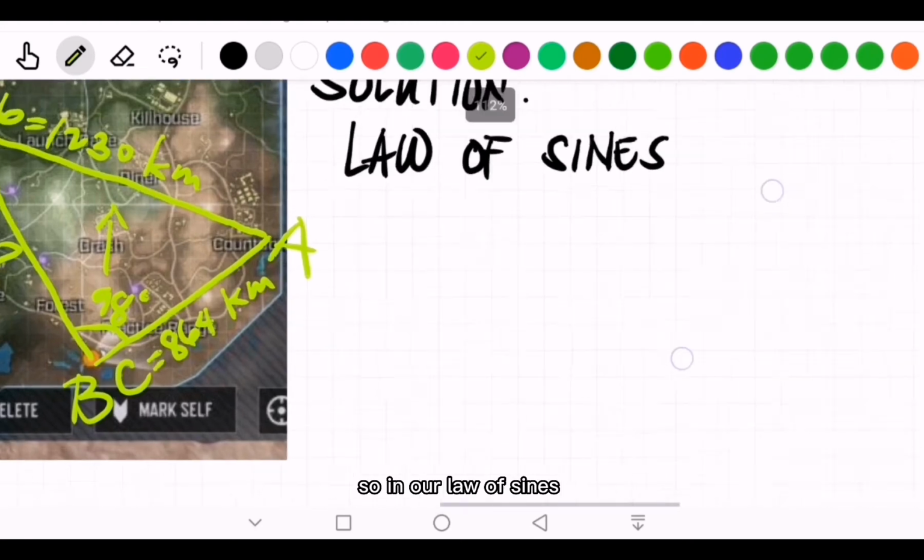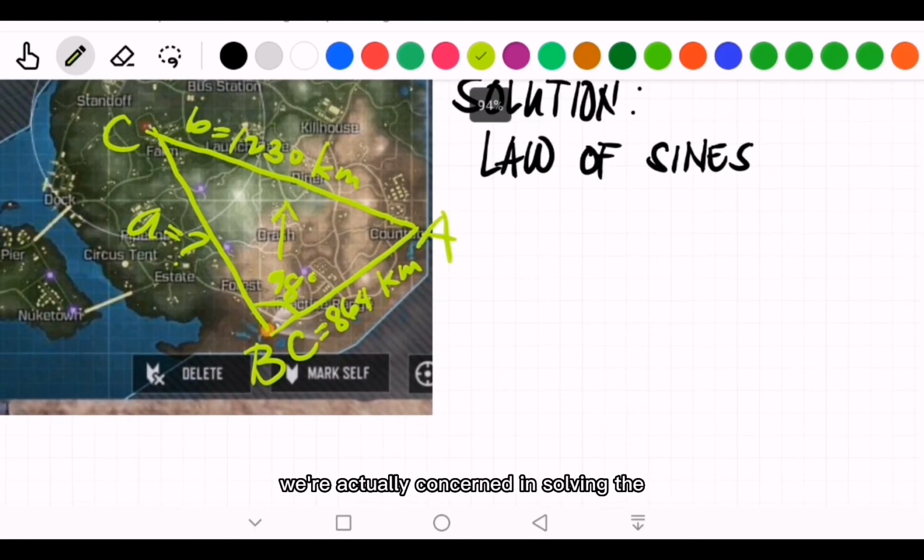So in our law of sines, we're actually concerned in solving the length of the player's location to the farm.